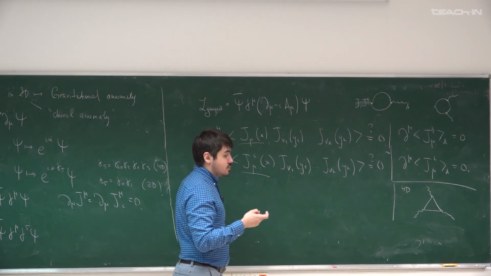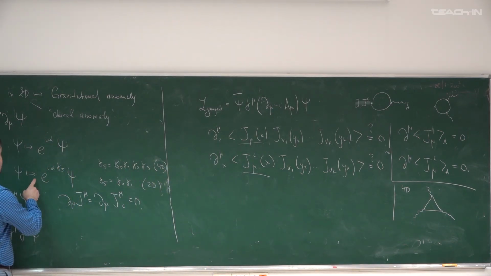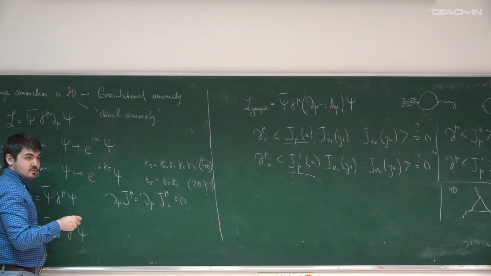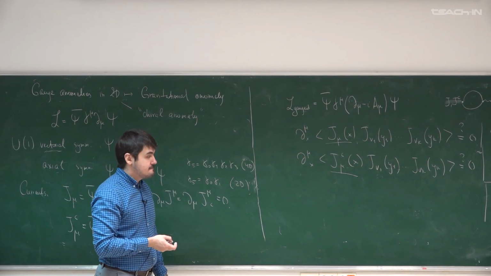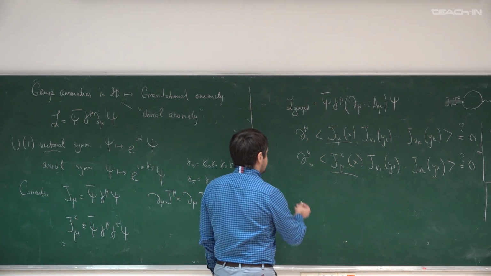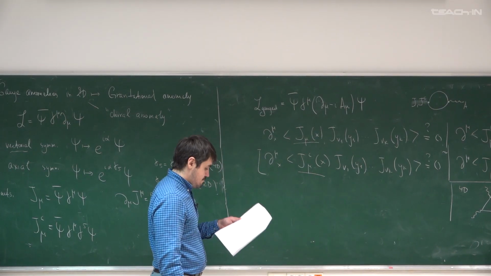So the thing that happens when you introduce those massive fields is that you explicitly break chiral symmetry, because mass terms are not compatible with chiral symmetry. So as a result, this correlator will be the problematic one.